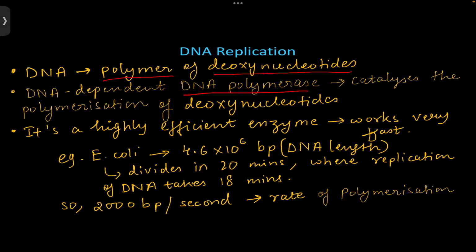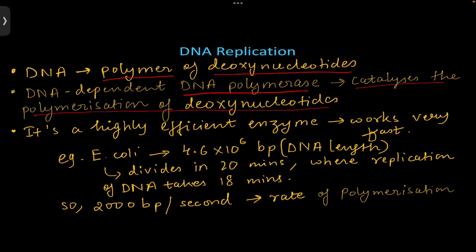It only needs a DNA molecule as a template for the synthesis of the new DNA strand. This polymerase enzyme catalyzes the polymerization reaction, the addition of new deoxynucleotides, and forms the phosphodiester bond. That is what this enzyme does.